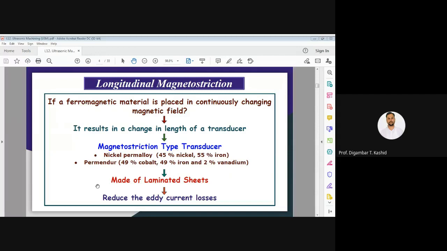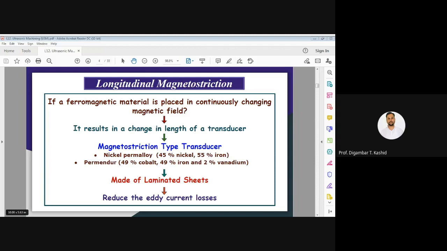So again, if a ferromagnetic material is placed in a continuously changing magnetic field, it results in a change in length of your transducer. So this magnetostrictive type transducer is used for your ultrasonic machining process.